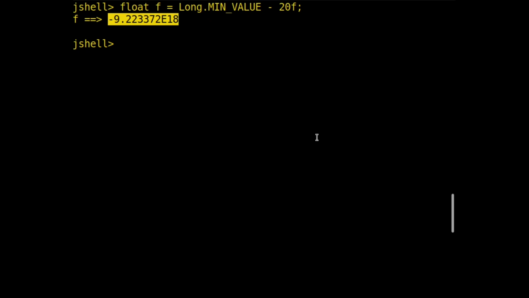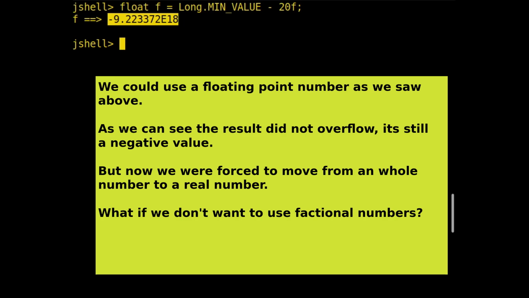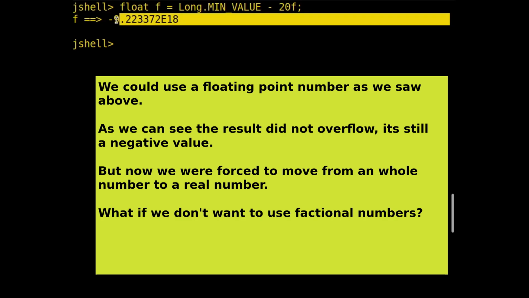So as you can see, we could use a floating point number, as there's no overflow, and that's because a float uses scientific notation, so it can store larger numbers than your long in that sense.